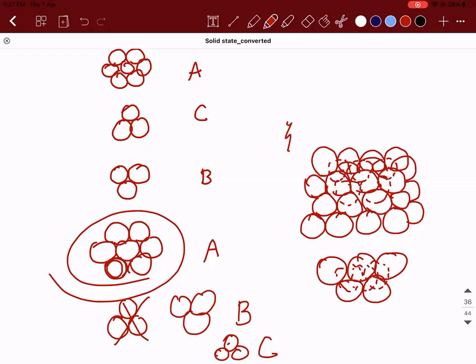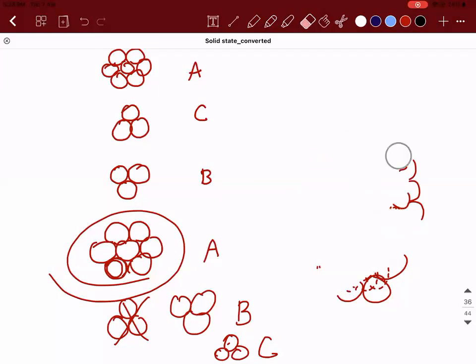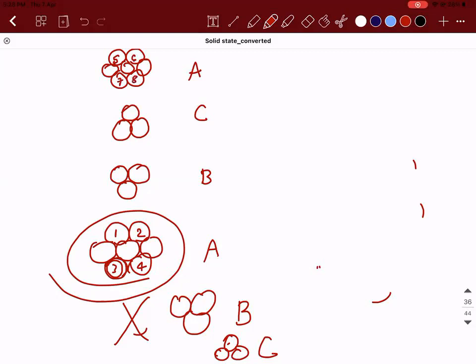Now, another one more thing. We shall check this thing here. This is also known as space centered. Okay, so imagine this is 1, 2, 3, 4. All the 4 particles are at the front. 5, 6, 7, 8, 9, 10, 11, 12, 13, 14.